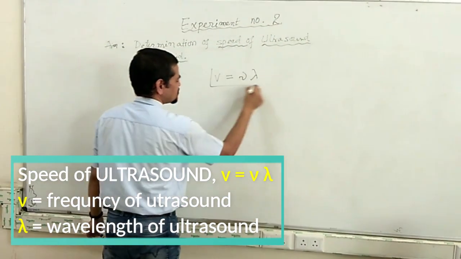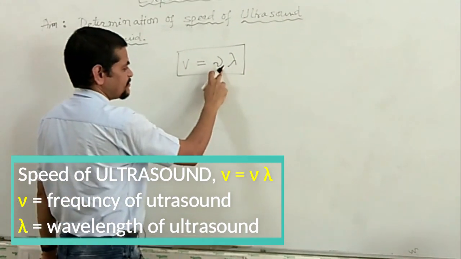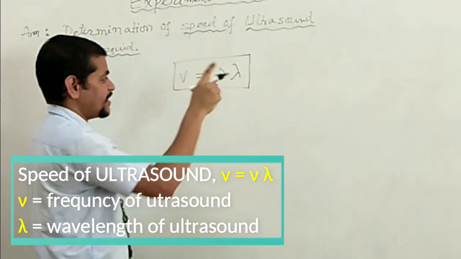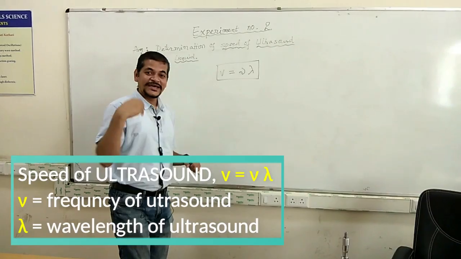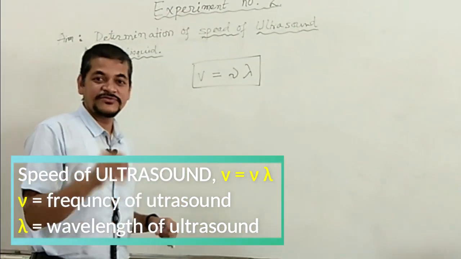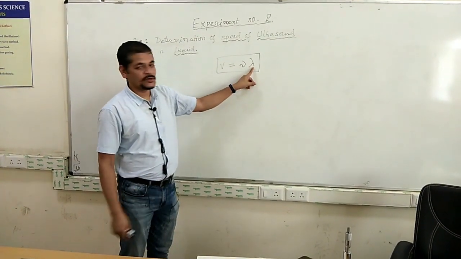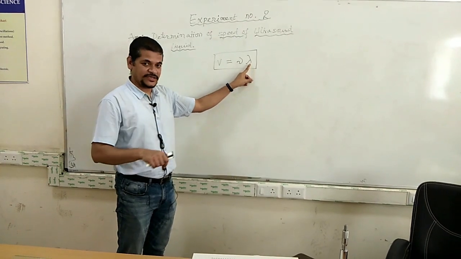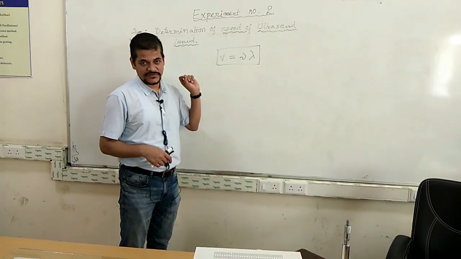That's the velocity or speed of the ultrasound in a medium, given by the frequency and the wavelength of the ultrasound. In this experiment, you will be given the frequency of the ultrasound, which is 2 megahertz, and you will have to measure the wavelength of the ultrasound in the given liquid, and from these two, you will be able to calculate the velocity of the ultrasound.